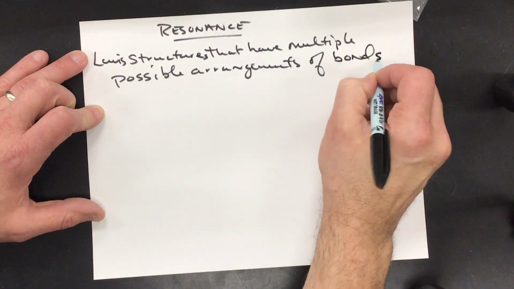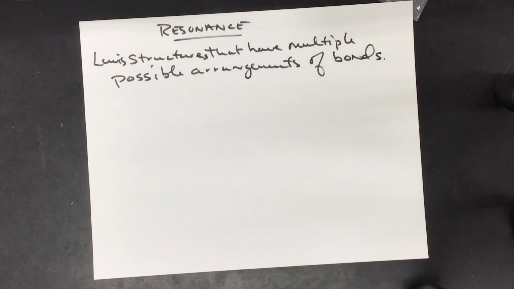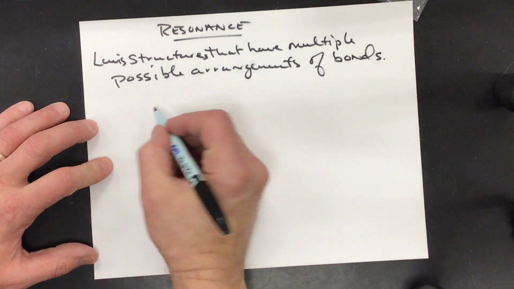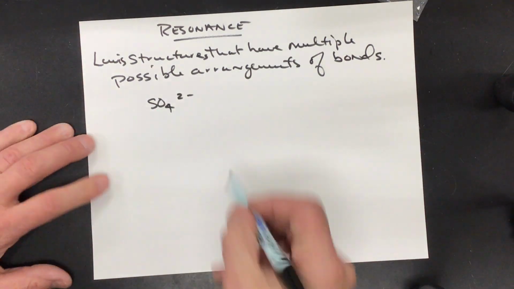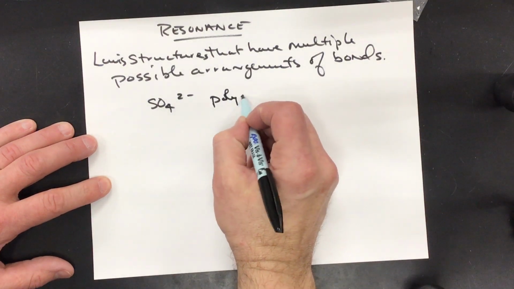Now, specifically, we're looking at double bonds for these, although it is possible to have different structures in and of themselves. Here's an example of another molecule, if you will, that is different from what we've seen so far. SO4 2-. This is what we call a polyatomic ion. You might remember that as sulfate.